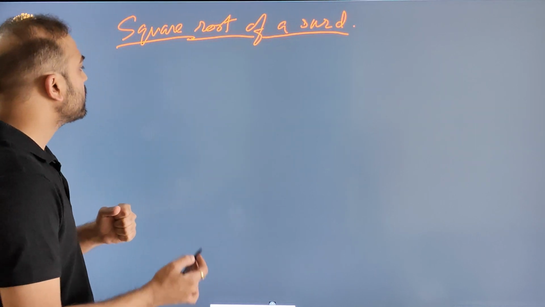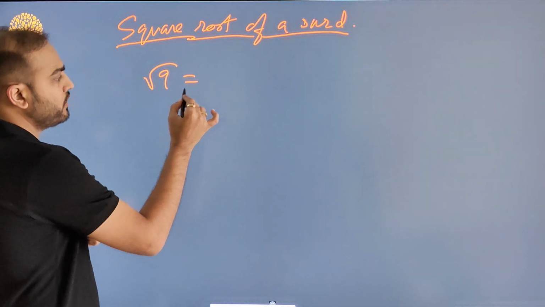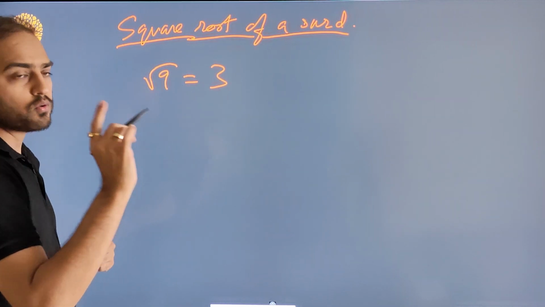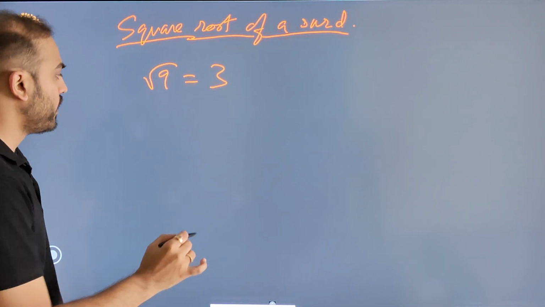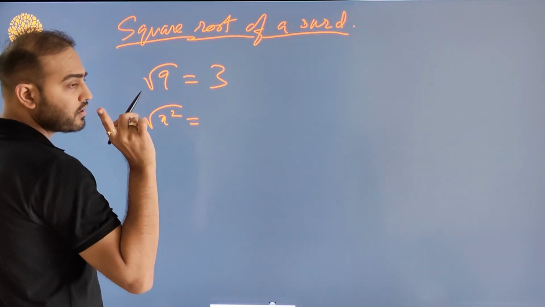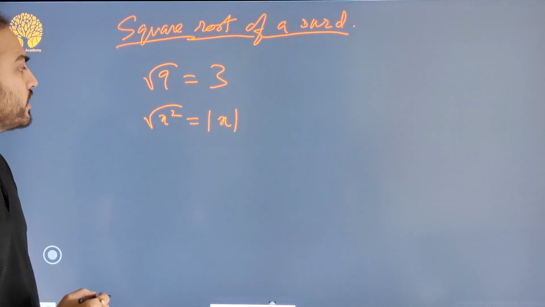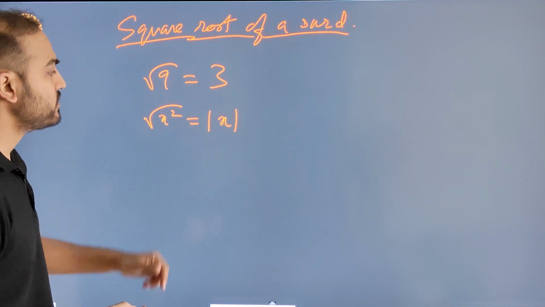Okay, what does this mean? Say for example, if I tell you what is square root of 9, you'll say 3. Don't say plus minus 3, say 3. Similarly, if I say square root of x square, say modulus x. Very good, right? Say modulus x, because square root of variables is modulus.